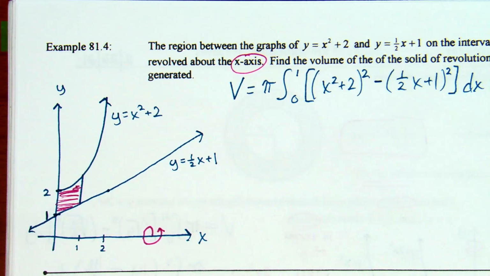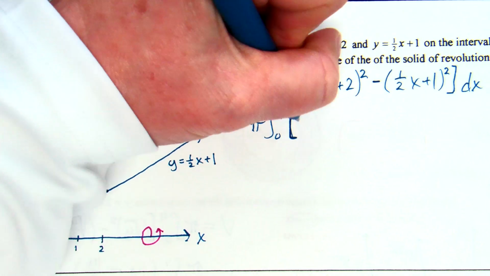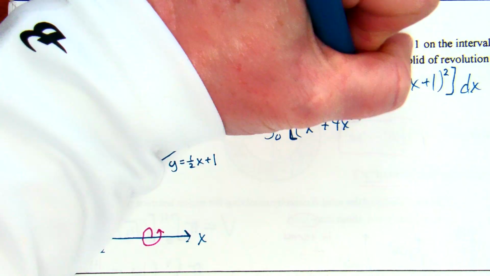Okay, so for practice purposes, yes, you need to be foiling. x squared plus 2, when I foil that, x to the fourth plus 4x squared plus 4. I'm going to leave these in parentheses because we're now minusing this whole next piece.